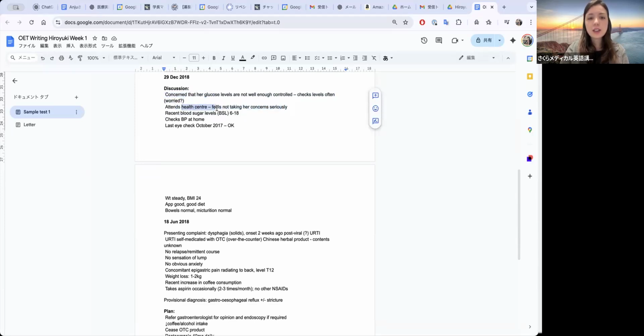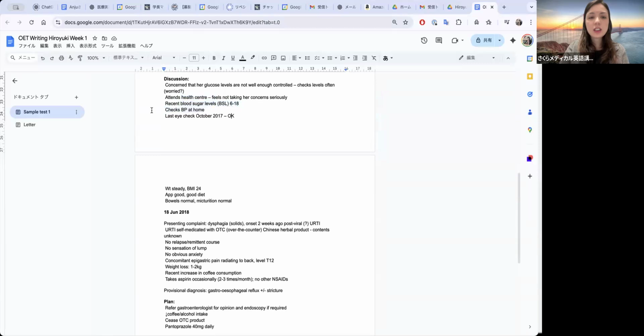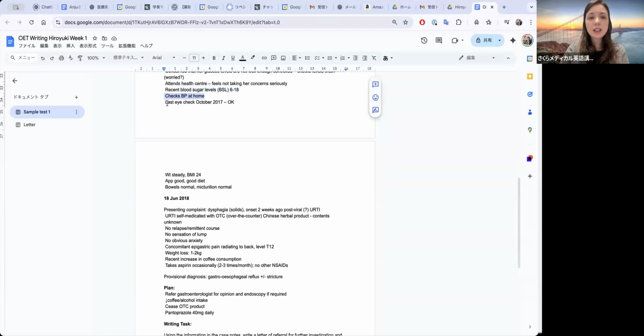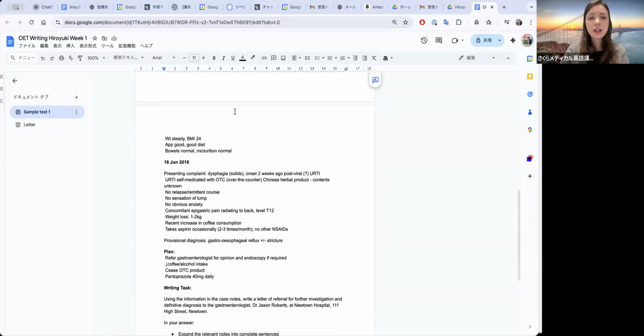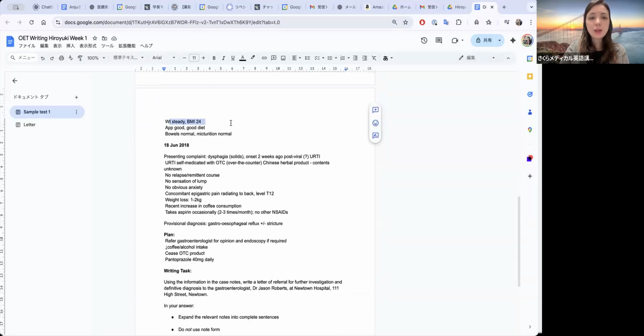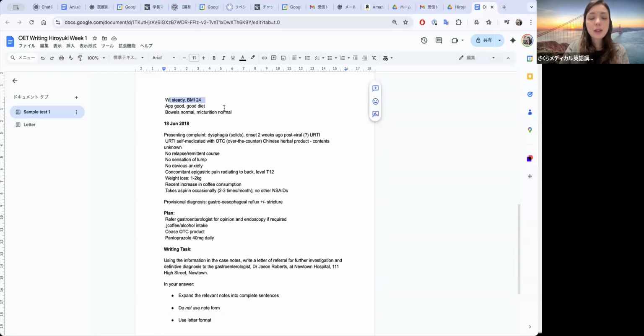She checks levels often and may be a bit worried. She attends healthcare but feels her concerns are not taken seriously. Recent blood sugar levels range from 6 to 18. She checks her blood pressure at home. Last eye check in 2017 was okay. Weight is steady, BMI 24. Appears good, good diet, bowels normal, nutrition normal.